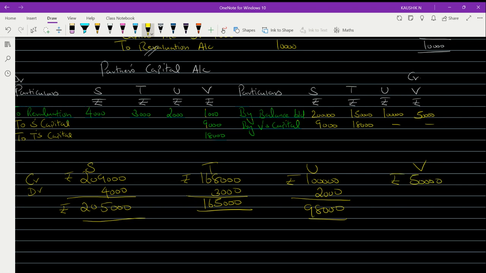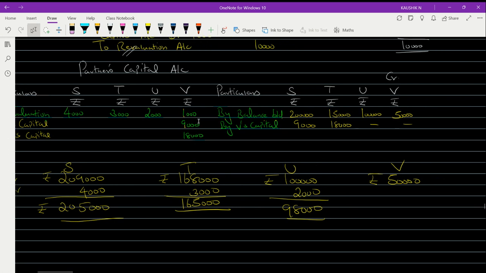And over here, if you see, it is 18,000 plus 1,000, 19,000, 19,000 plus 9,000. How much will it be? 27,000? Sorry, 28,000. Is it 28,000? 28,000.